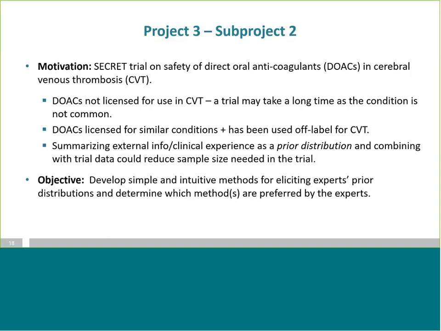So we need to get together these clinicians who are familiar with how well these DOACs work, and try and get them to review the literature and come up with a summary of how well DOACs work compared to the standard of care drugs. But the current methods for doing this are, well, one would say rather non-intuitive. And so what we're trying to do is come up with a better way of eliciting these prior distributions.